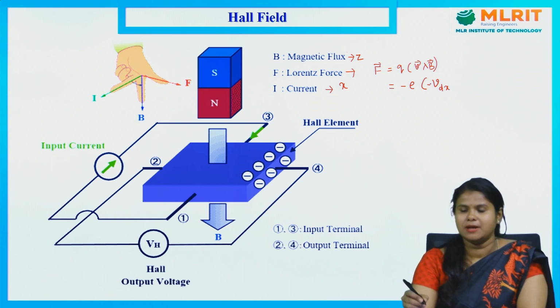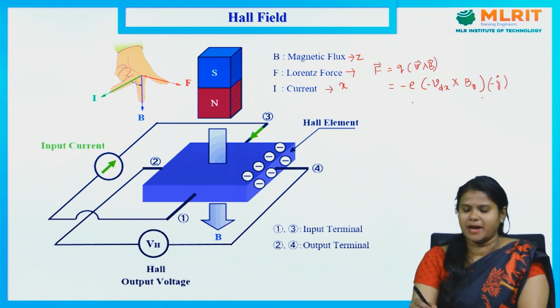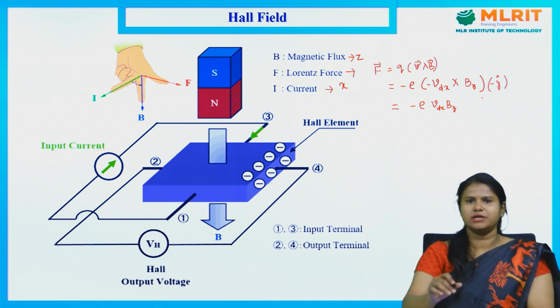So it will be minus e Vdx cross B. B, the magnetic field, is along the z-axis, so it is Bz. The cross product of v cross B is x cross z, so it will be minus y cap. So the Lorentz force will be equal to minus e into Vdx into Bz. This will be the magnitude of the Lorentz force for the electrons.